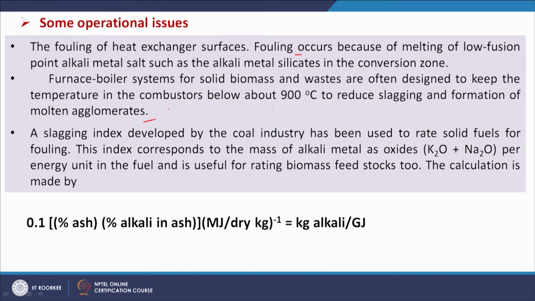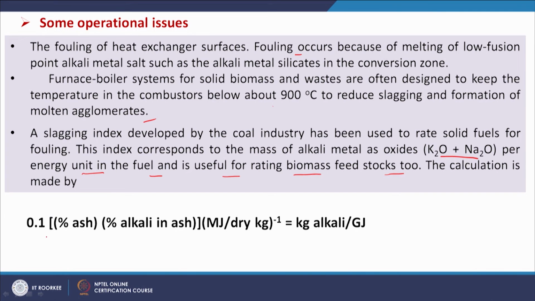But why this agglomeration takes place, certain theoretical considerations are there, and that we are discussing now. A slagging index developed by the coal industry has been used to rate solid fuels for fouling. This index corresponds to the mass of alkali metal as oxides, that is K2O plus Na2O, per energy unit in the fuel, and is useful for rating biomass feedstocks too.